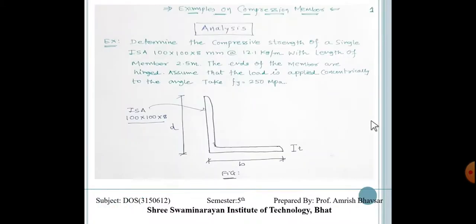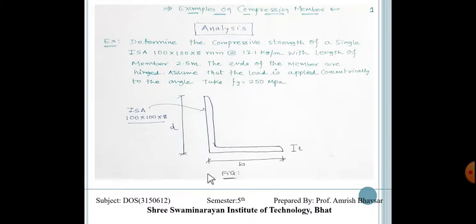We know that in the case of analysis of compression member, we have to just calculate, if we are using the angle or the channel section, what is the capacity of taking load of that section.